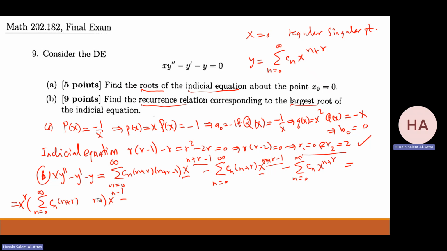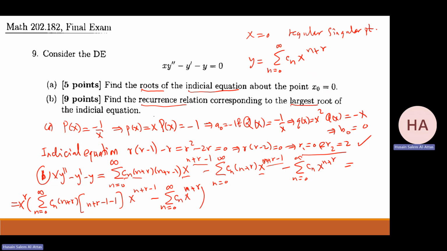By the way, I can do this: take Cn and n plus r as a common factor at the same time. So that will be n plus r minus 1 again, minus 1, x to the power n plus r minus 1, minus the summation from n equals 0 to infinity of Cn x to the power n plus r.